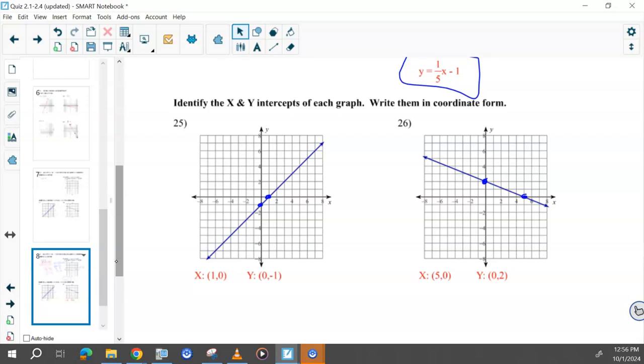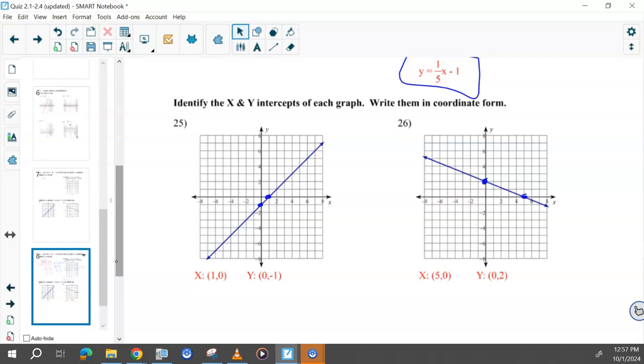Okay, so this project is different than the last one because you'll be given a set of ordered pairs. You're going to choose 6 of those sets, and then you're going to find the slope of those 6 sets of ordered pairs. Determine whether it's positive, negative, 0, undefined. Then on this graph paper, you're going to graph those ordered pairs, draw lines through them, find the y-intercept of said lines, and use your slope to plot more points to find the equation of those lines.